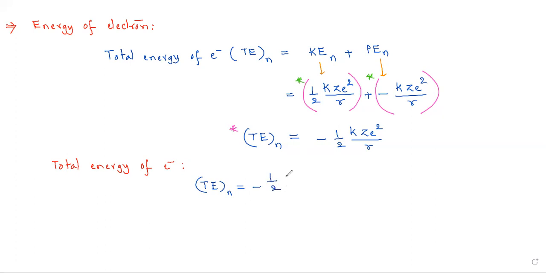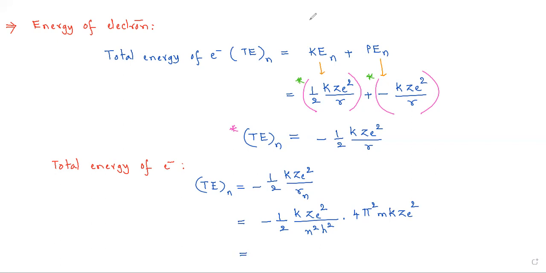It can be given as minus half kZe square by radius of nth orbit. So this can be given as minus half into kZe square by, we know that radius of nth orbit from the previous derivation is n square h square by 4 pi square m k Z e square.